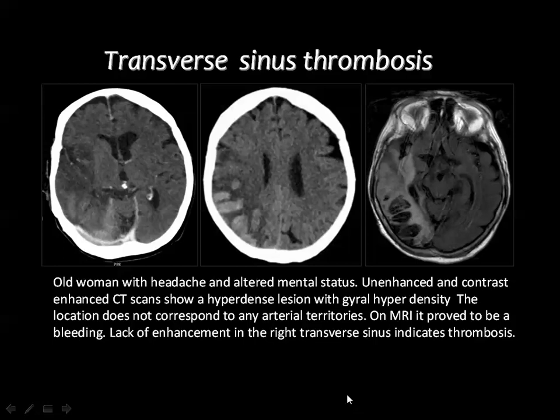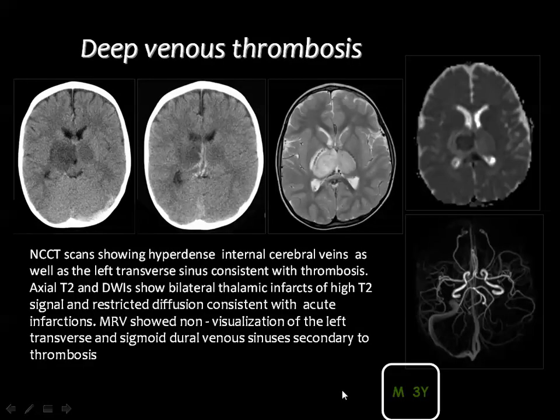as well as the bleeding inside. Then you remember that I have mentioned that if you are confronted by thalamic lesions, especially if they are bilateral, one of the possibilities is that there is deep venous thrombosis, and at that time you should look within the quadrigeminal cistern for the internal cerebral veins. And in the pre-contrast scan, these internal cerebral veins appear hyperdense, meaning that they are thrombosed.